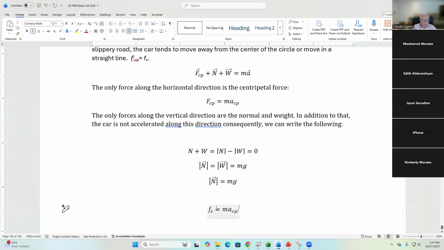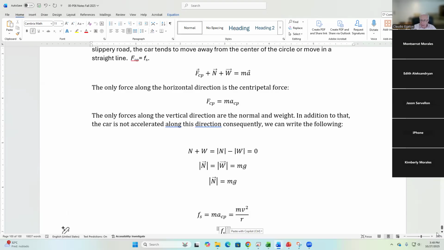We do know that the centripetal acceleration is v squared over r. But we also know that the force of static friction has a range of values.